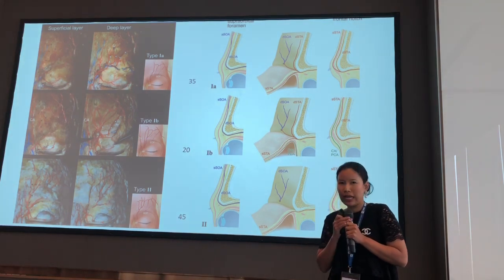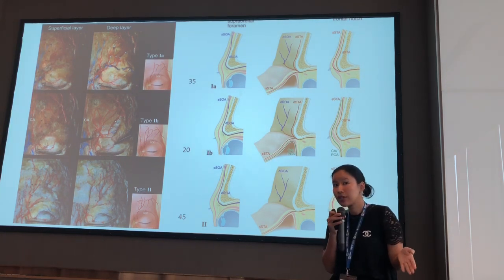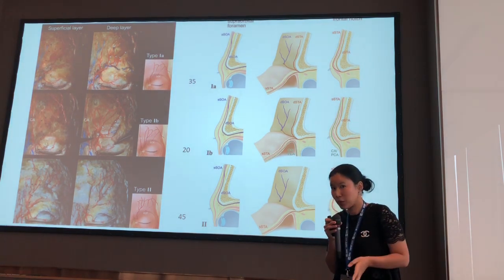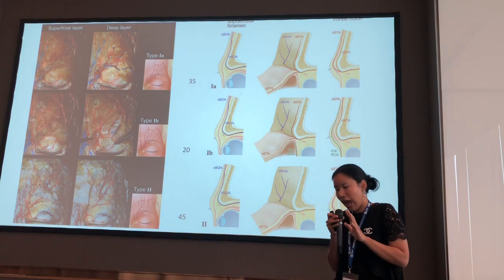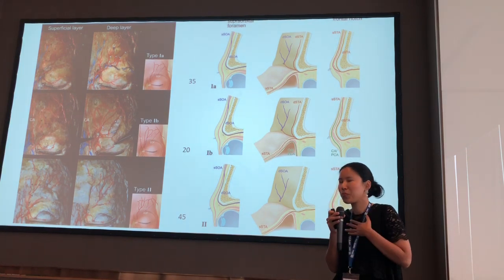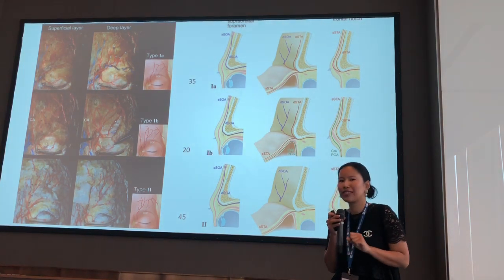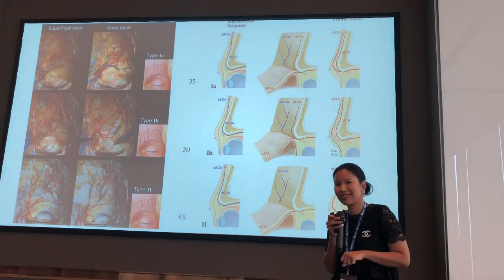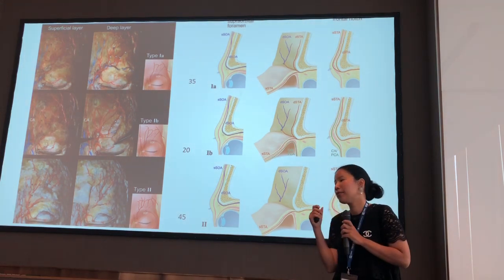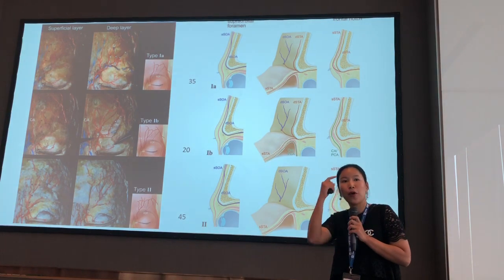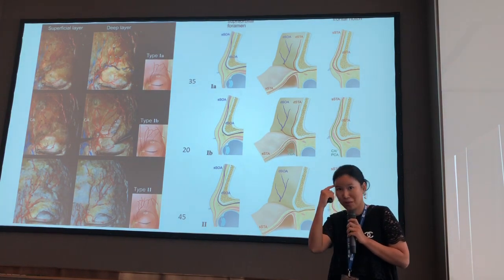So, to say frankly, in the previous lecture that mentioned the danger zone, I have to say that in my practice, there's no 100% safe zone. I have aspirated blood from the safe zone of the temporal area.